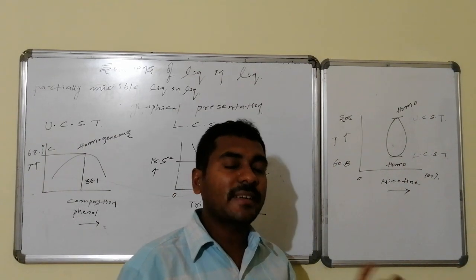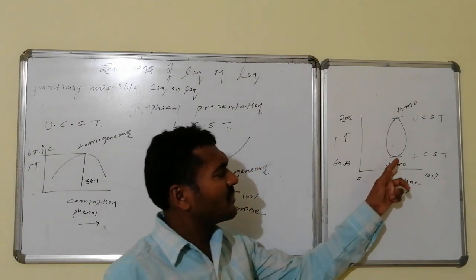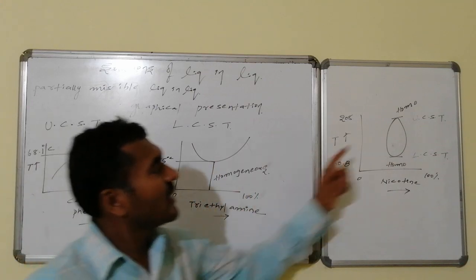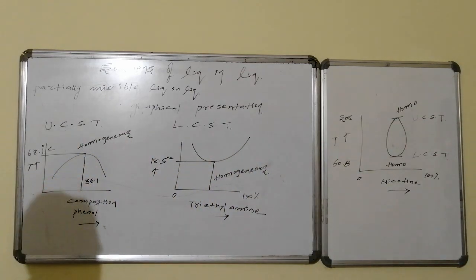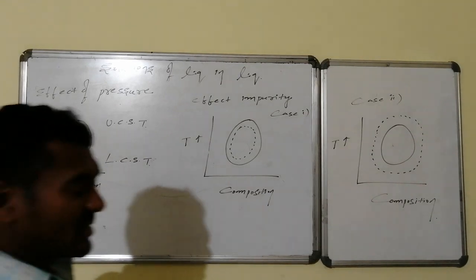Let us go to the factors affecting the upper and lower CSTs. We will take the example of this one because this lower CST is also equal to this lower CST and this upper CST is also equal to this upper CST system. Here is the effect of pressure.